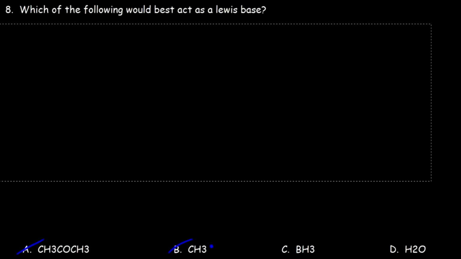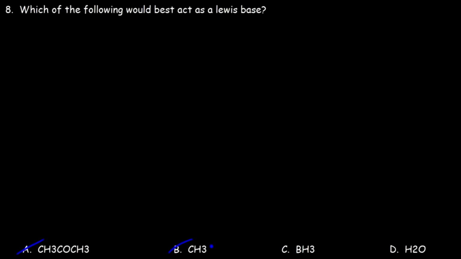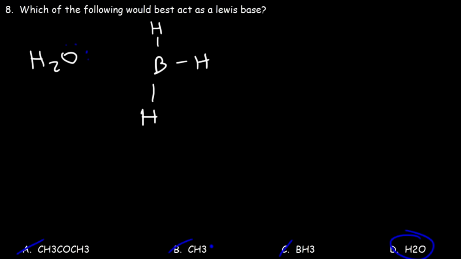So by default, the answer has to be water. And if we draw water, water has a lone pair. We can draw it like this. It has 2 lone pairs actually. And let's react it with BH3. So like hydroxide, water can use one of its lone pairs and donate it towards the boron atom.